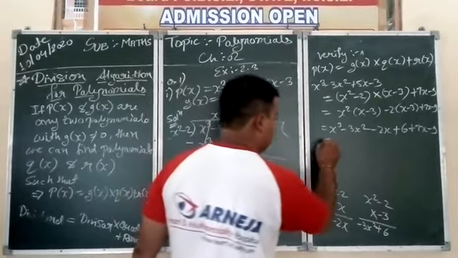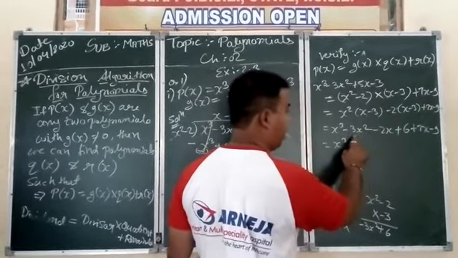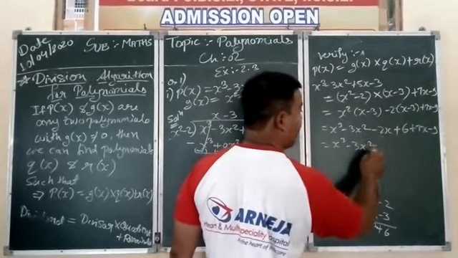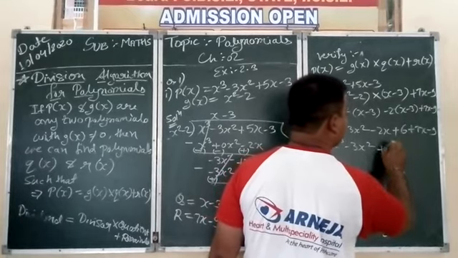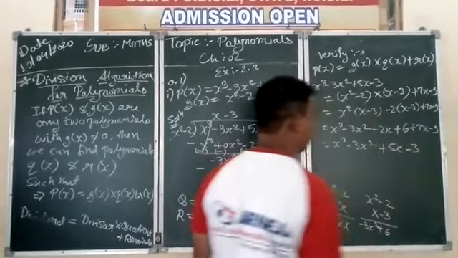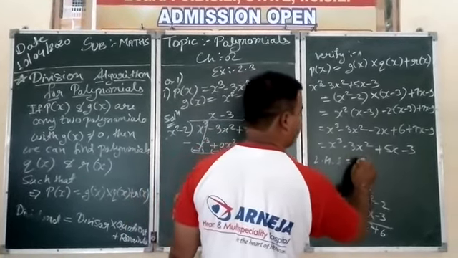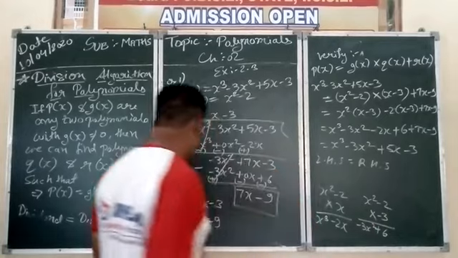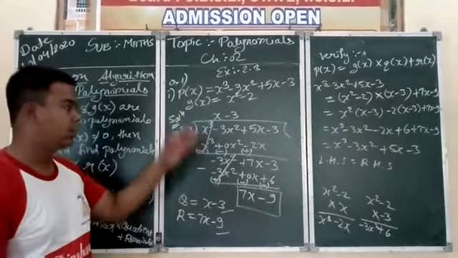Now see the terms: x cube minus 3x square, minus 2x plus 7x is 5x, and plus 6 minus 9 is minus 3. So our LHS is equal to RHS, which means our quotient and remainder are correct.